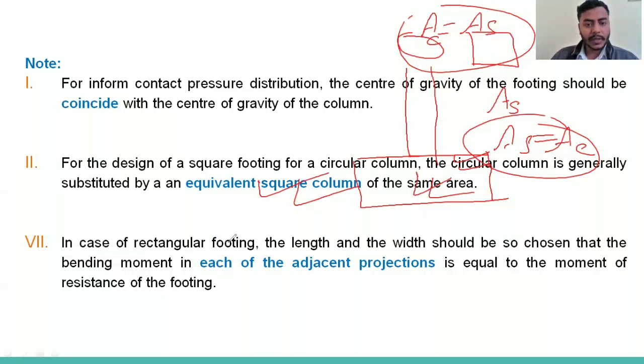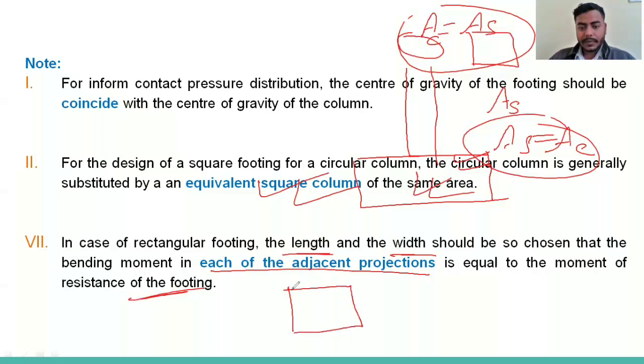Third case, in the case of a rectangular footing, the length and the width should be so chosen that the bending moment in each adjacent projection is equal to the moment of the existing footing. So what we do in this case, you have seen there was a square footing. We worked in this direction and we will work in this direction. Both are the same thing because of the same dimension.